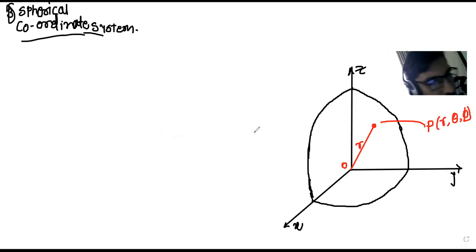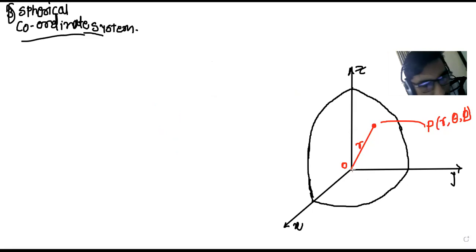Next is theta, right? So what is this theta? You have to draw the shadow of this radius. So let me draw the shadow of this radius here. I hope it's visible.